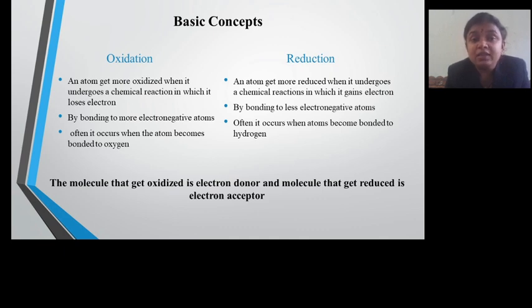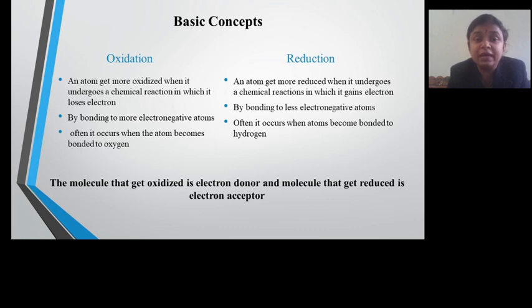Reduction is the process when any molecule undergoes a chemical reaction in which it gains electrons. The reduction occurs by bonding to a less electronegative atom. Reduction often occurs when an atom becomes bonded to hydrogen.